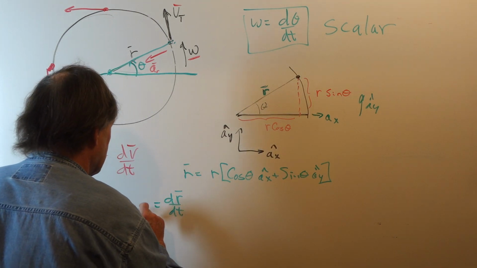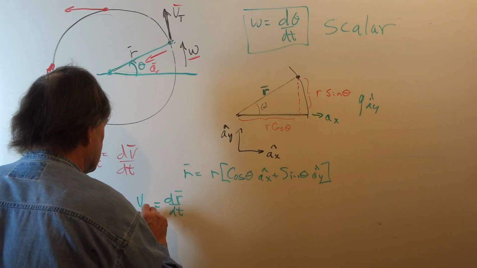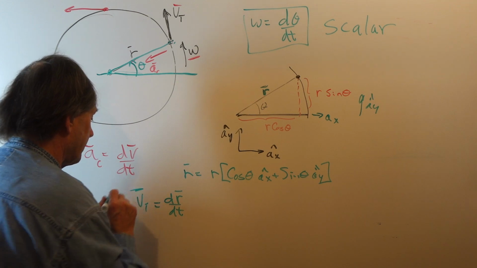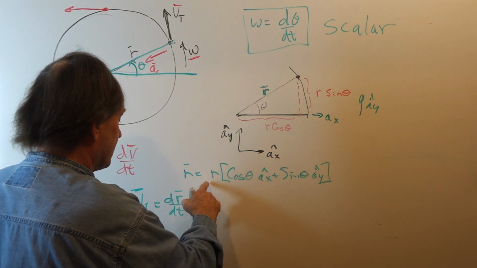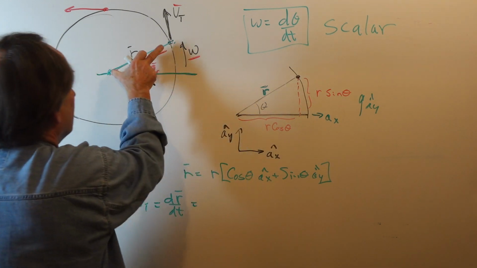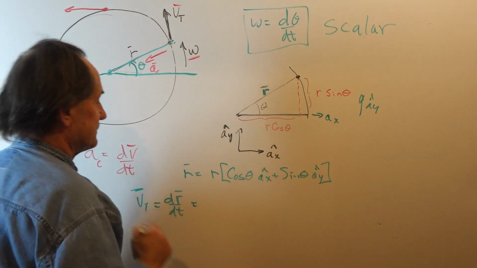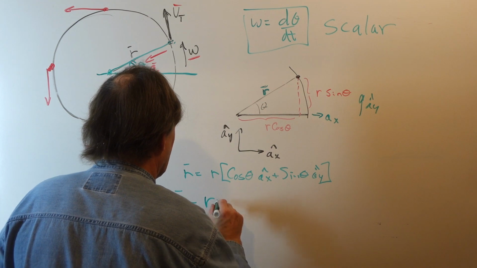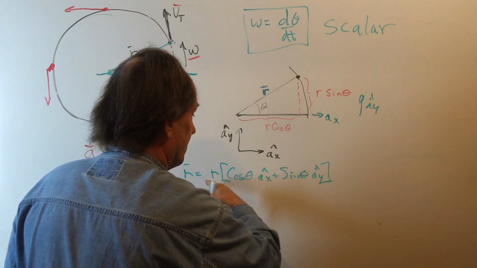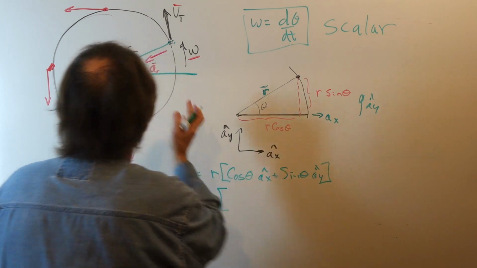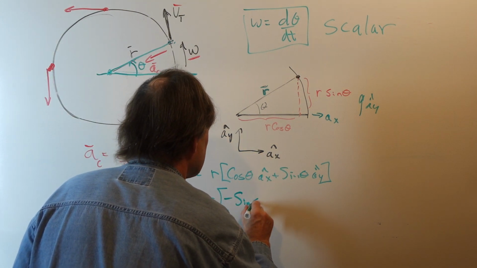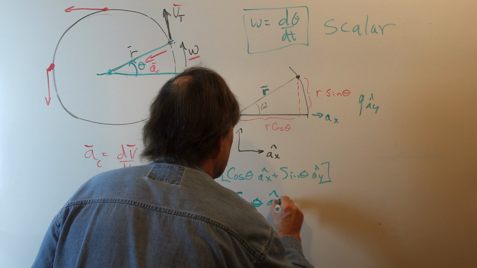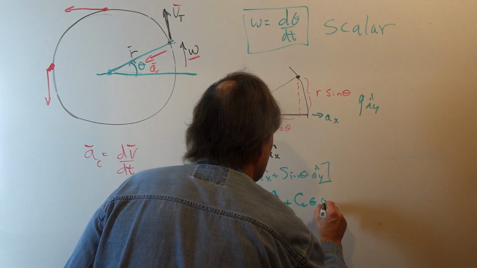This gives us velocity, the tangential velocity vector. So if I do this, remember, r is a constant with respect to time. This radial distance never changes with time. So that comes out. And theta is changing with time. So if I take the derivative, I end up with minus sine theta in the ax plus cosine theta in the ay.